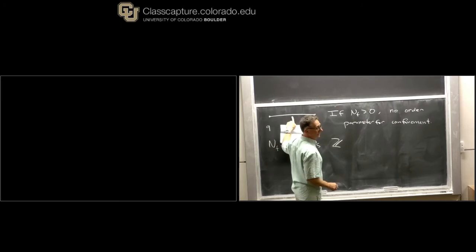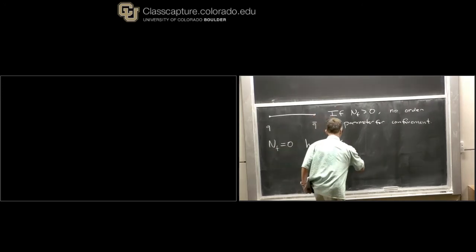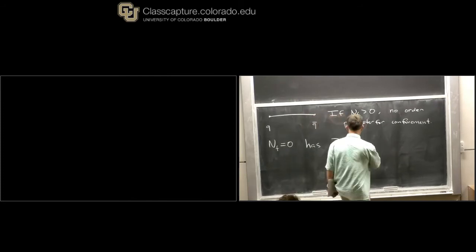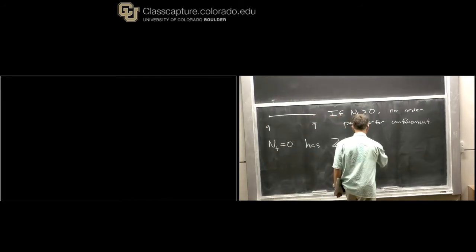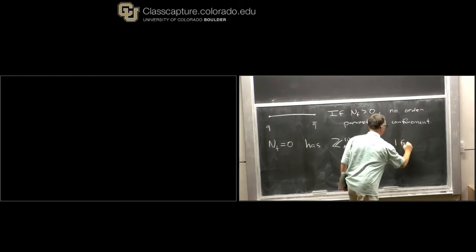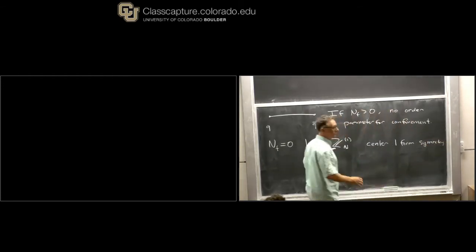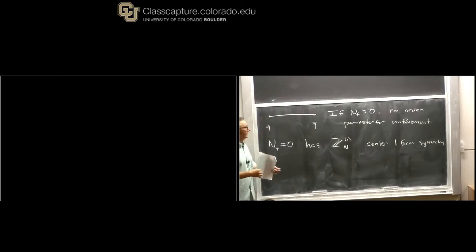So now the flux tube can't break, and so there's a discrete one-form symmetry associated with the center, which we can use to assign charges to string excitations, like these kinds of string excitations.